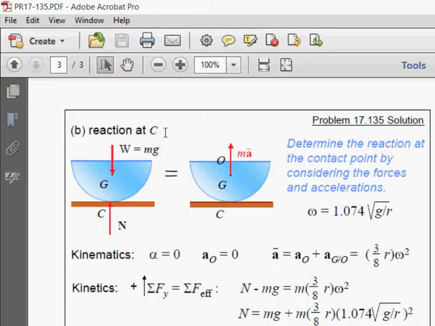Then if we equate the summation of the forces in the y direction to the effective forces, that would be N minus mg equals m 3/8 r omega squared.